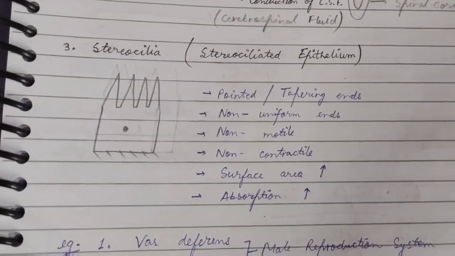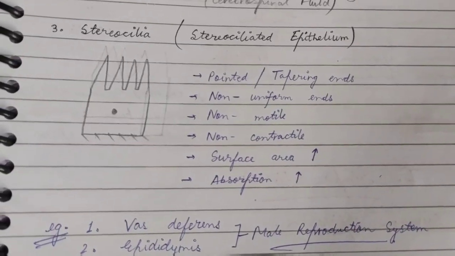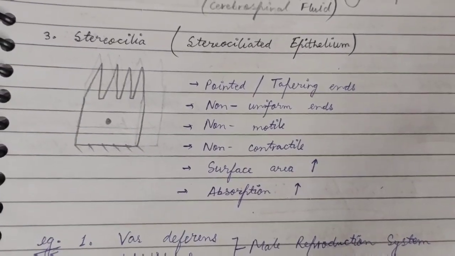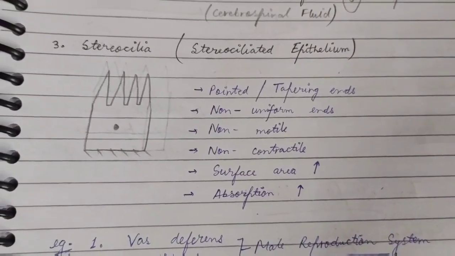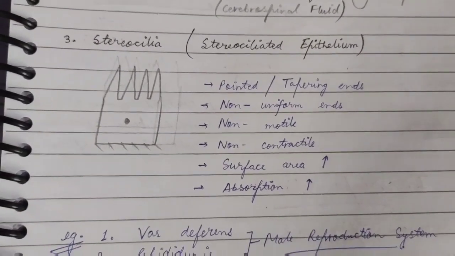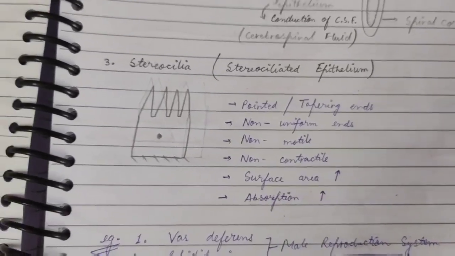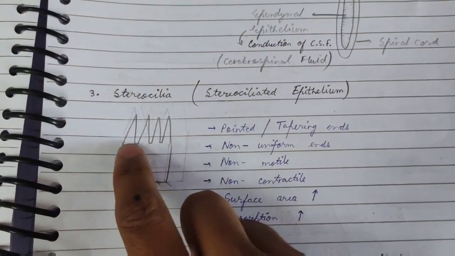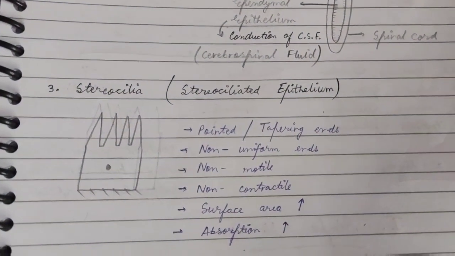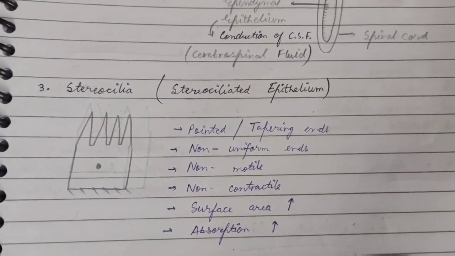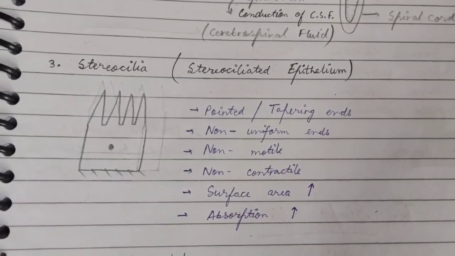Now the third modification, as we talked about, is stereocilia or stereociliated epithelium. You can see the diagram and understand it better. It has pointed or tapering ends. It has non-uniform ends, because see here the diameter is more and here it is less. It is also non-motile, so it cannot move, and non-contractile, so it cannot change its length.